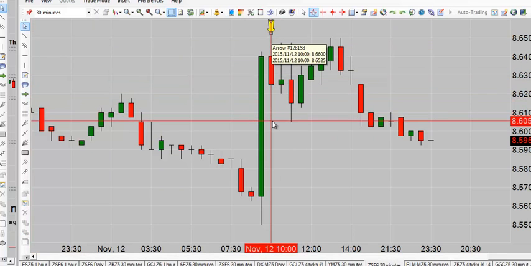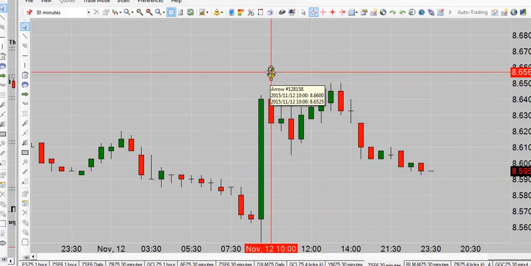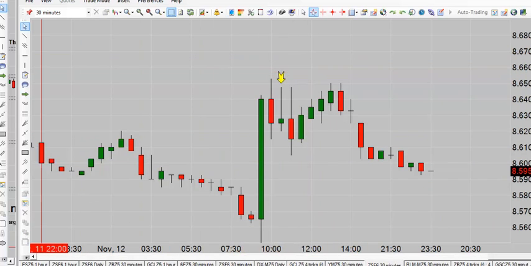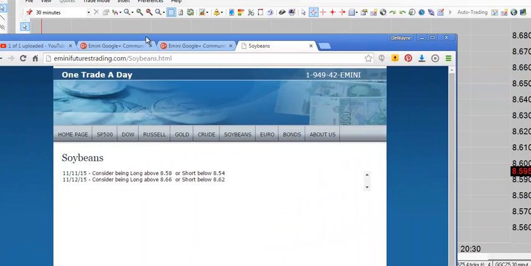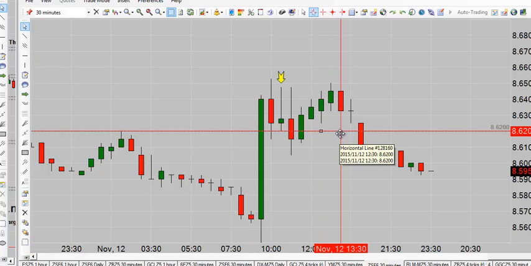If that was it. Nope, that's 10. 1030. Okay. And our numbers are 866 and 862. Here's 866 and here's 862. Got to bump it down one.